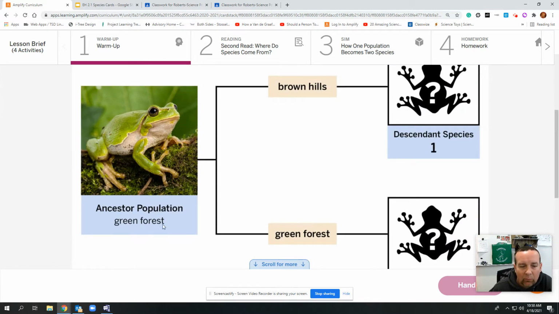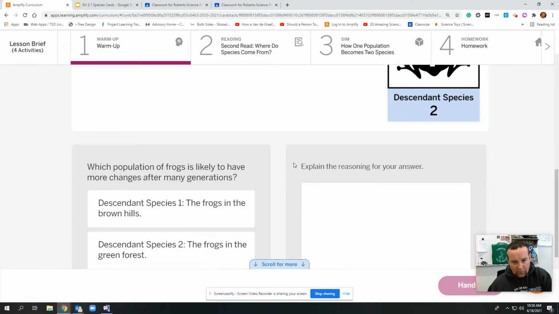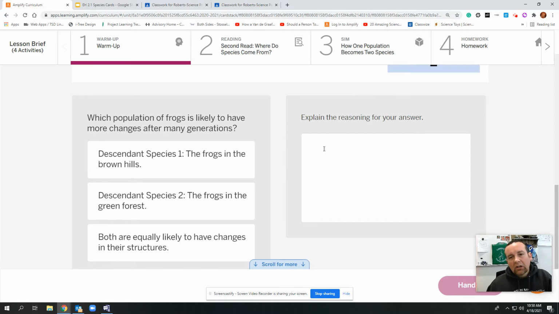The one that went from a green forest to the Brown Hills, descendant species one, or descendant species two that continues to live in a green forest habitat? After you answer that question, you're going to explain your reasoning, and then we'll move on to part two.